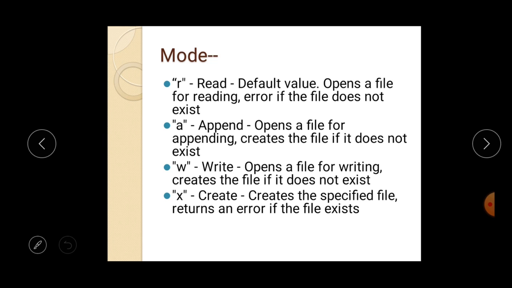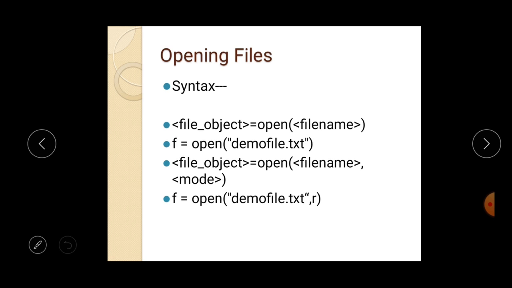There are 4 modes given: R, A, W and X. The first mode is R. R stands for the read mode, and this is the default mode. Means if you don't provide the mode, as you saw in the previous example, where no mode is provided, then the file will open in the reading mode.